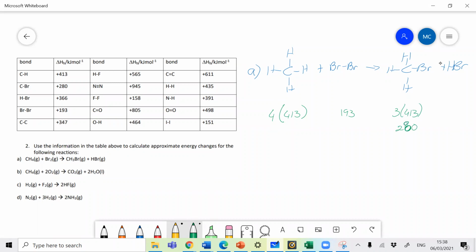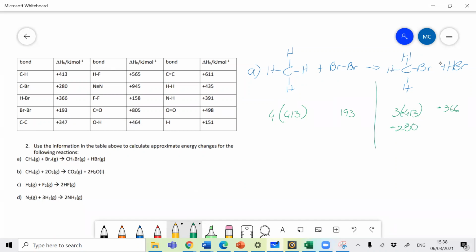Okay, let's actually fix that number. And we're also making HBr. The ones that we are making are going to be negative because they are going to be exothermic. Okay, so we can actually write that negative immediately.